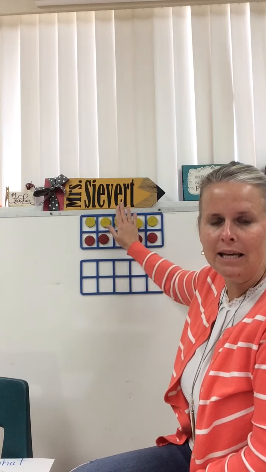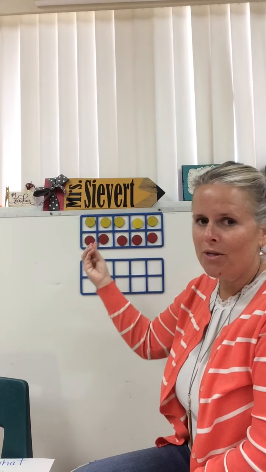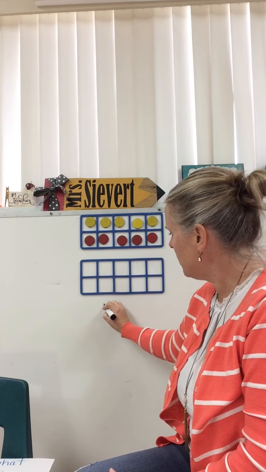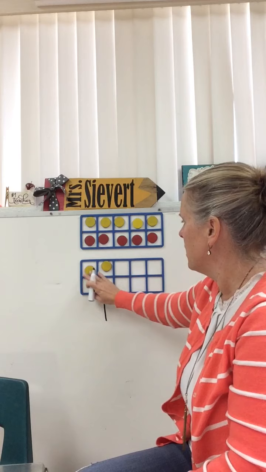So we're going to be doing 10 frames. Now, with a 10 frame, whenever it is completely full, you know automatically that is a 10. So with that, let me find my handy dandy marker. Here it is. So we know that is one group of 10. If I add in here some ones, how many ones do you see, Madeline? 2 more.